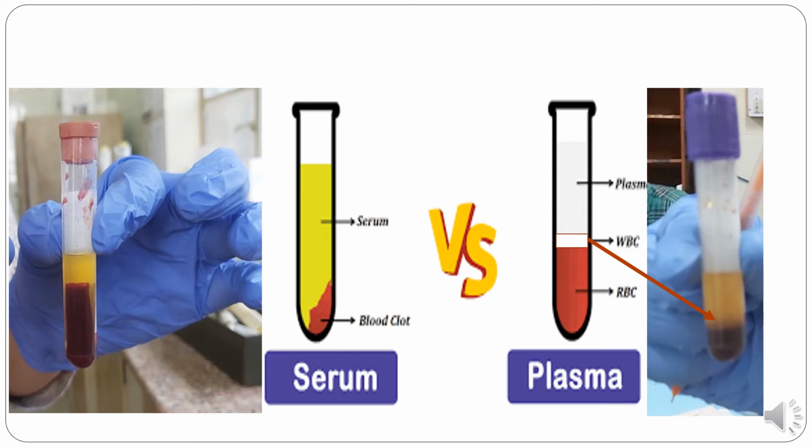The RBCs will settle down due to their weight, but they will not form a clump. Then there will be a thin white layer of WBCs and platelets. That is why it will be whitish in color, and above that will be the plasma, which will contain fibrinogen. So the serum has no fibrinogen, whereas plasma has fibrinogen.